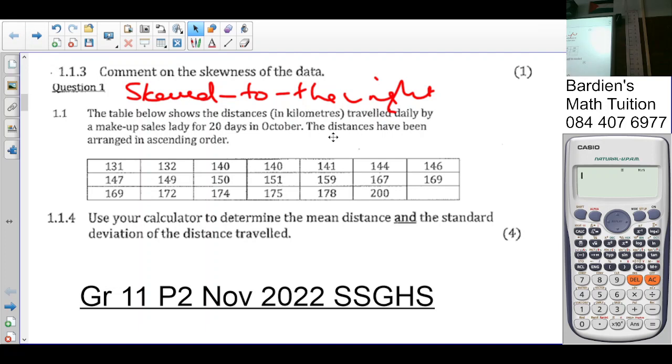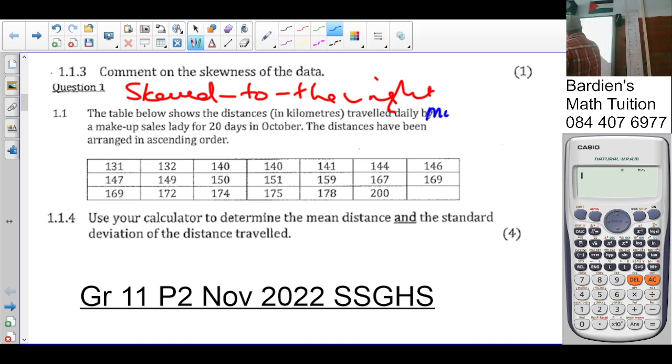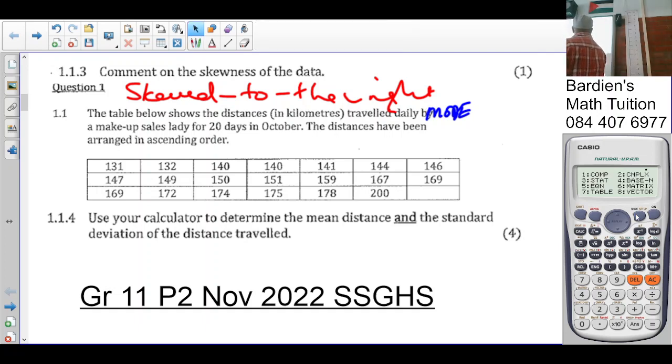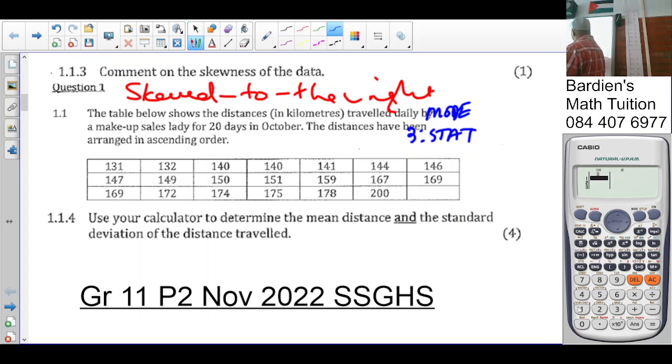Okay? So we start off by pressing mode. You press 3 for stat. Then you press 1 for variance.